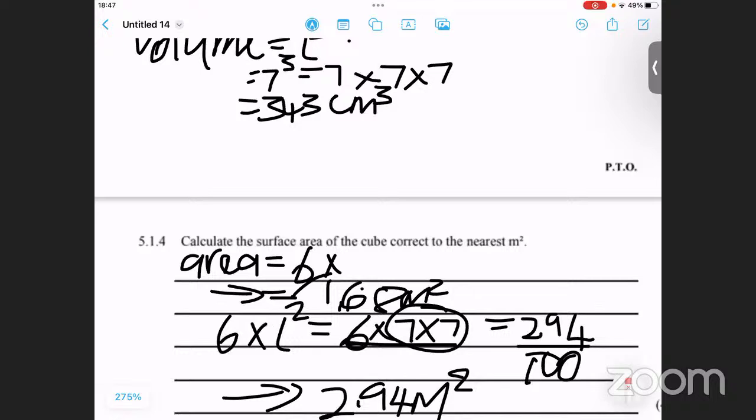Okay, cool. I'm going to try to check. 6 multiplied by 0.7 times 0.7.